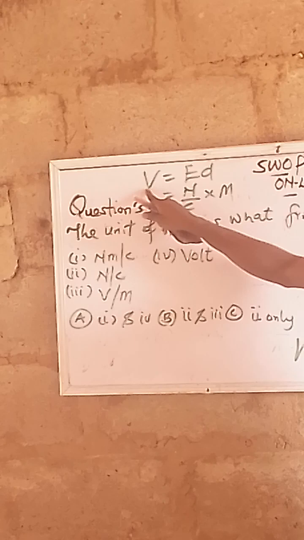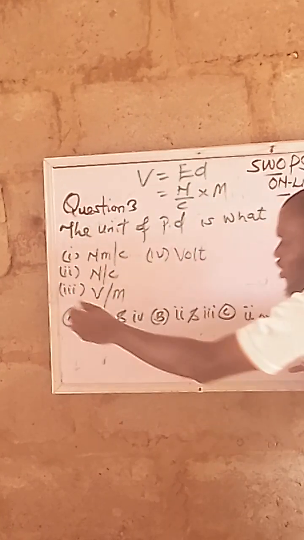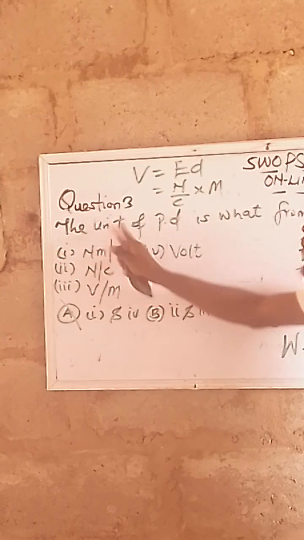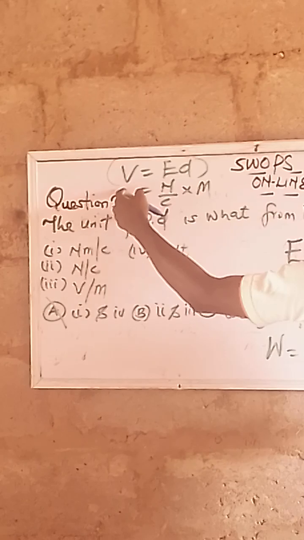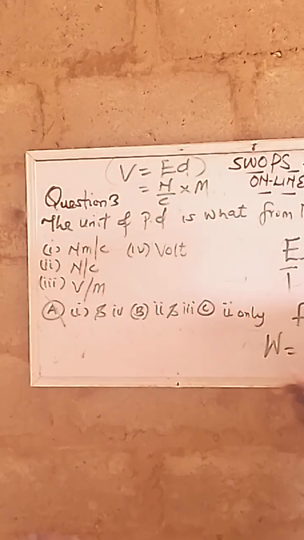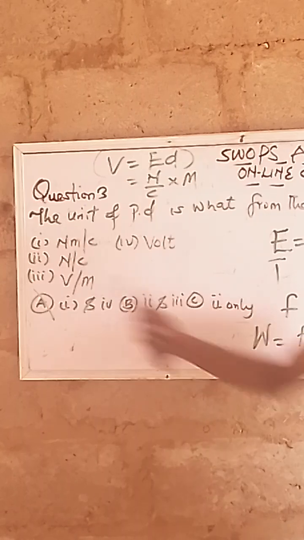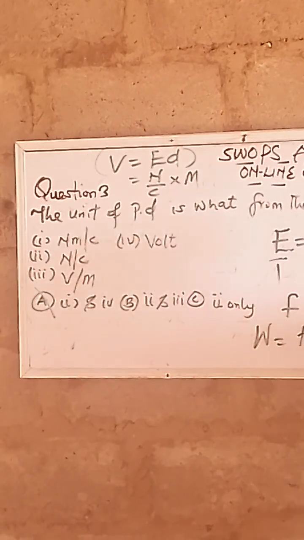That is how we get Newton meter per coulomb for V. That is another SI unit, or volt. That is why this option is correct: either volt or Newton meter per coulomb. All you need to do is cram the formula V equals ED. The right option here is option A. Are we together?